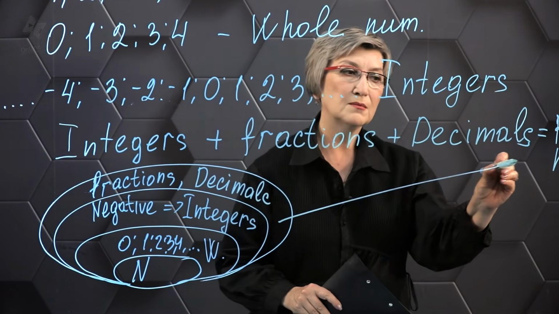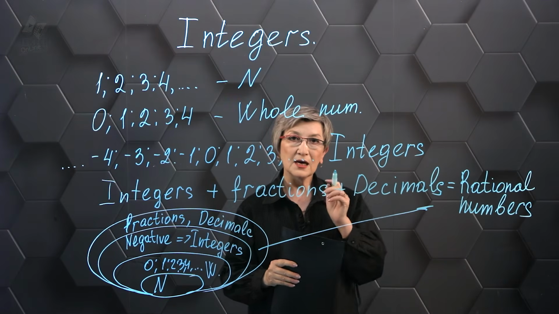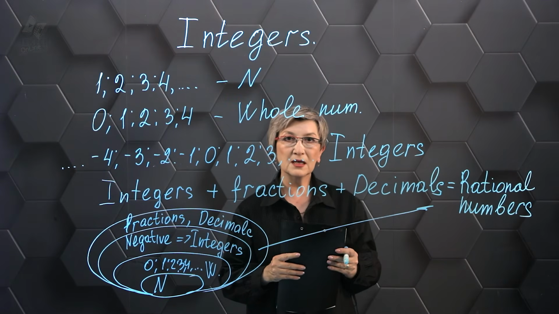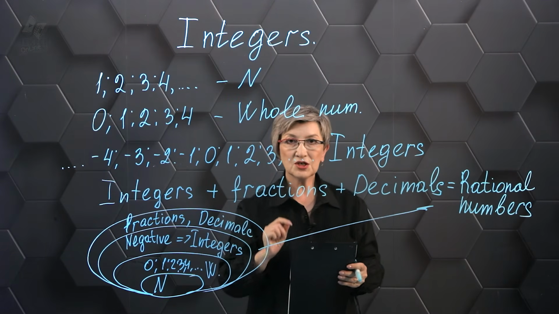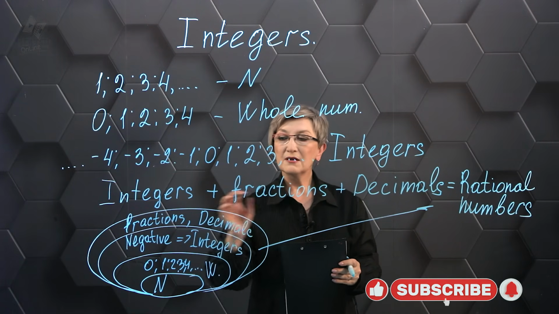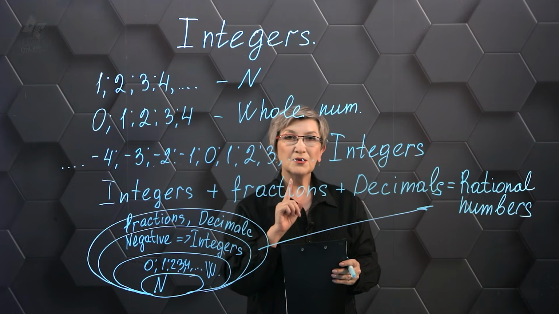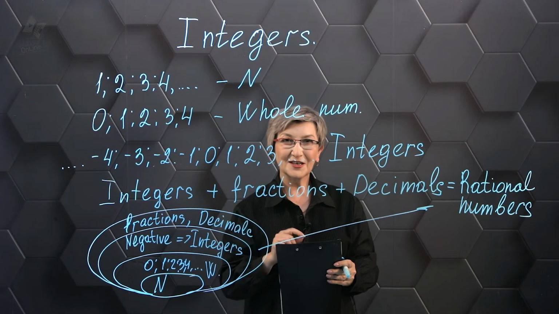As a result, we will get rational numbers with which we will work. I would like to draw your attention to the fact that rational numbers are those numbers that can be represented as a fractional number.